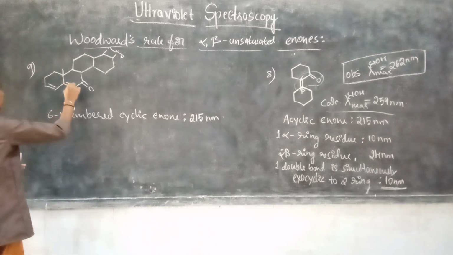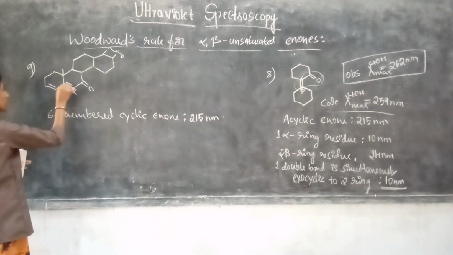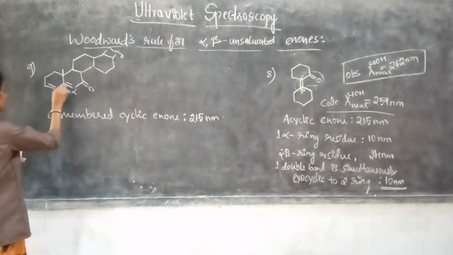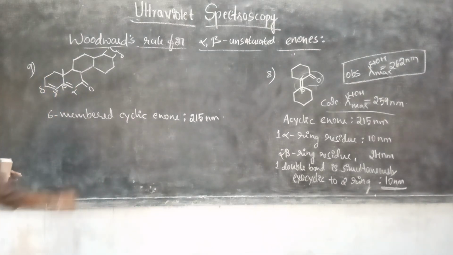Now this is the alpha carbon, beta carbon, this is gamma, and this is delta. At the beta position we have one ring residue.